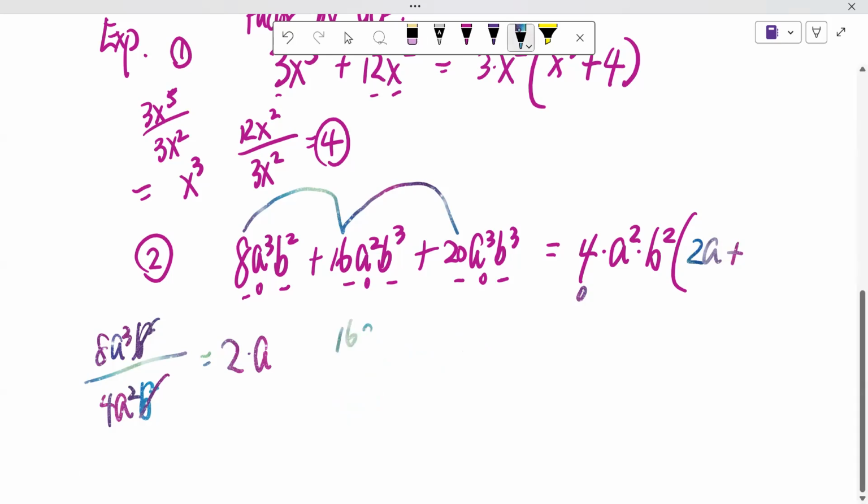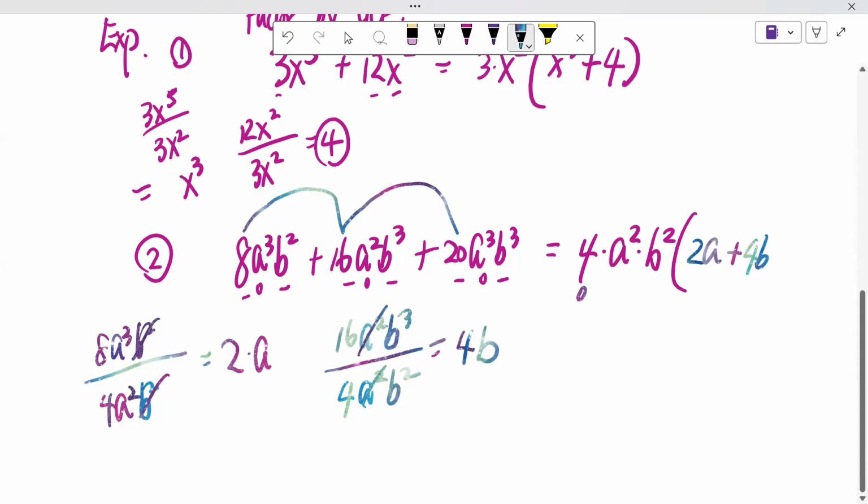So 16a squared b cubed over 4a squared b squared. Divide 16 by 4, that's 4. a squared gets cancelled. b cubed over b squared is b to the first. So the second term is 4b.